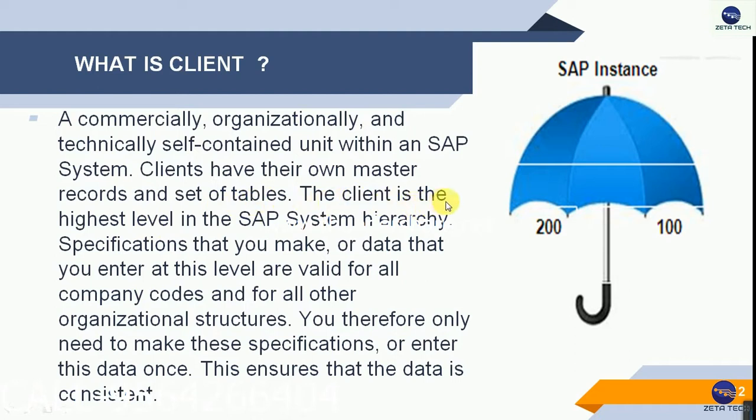The client is the highest level of the SAP system hierarchy. The specifications that you make or data that you enter at this level are valid for all company codes and all the others.